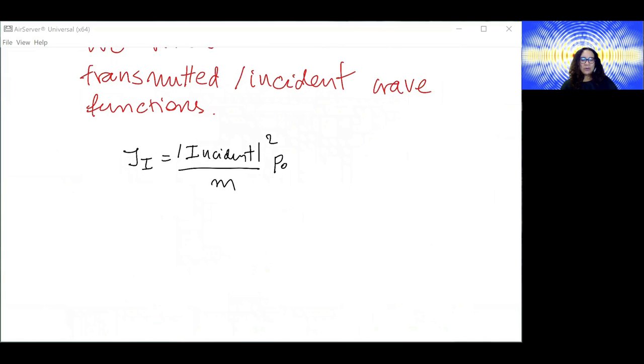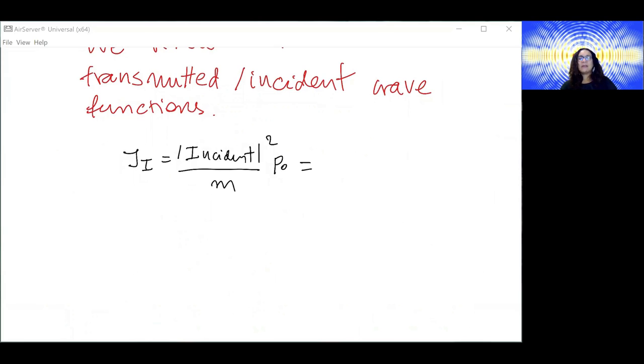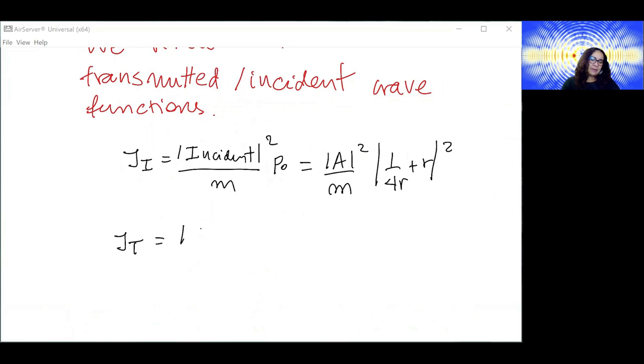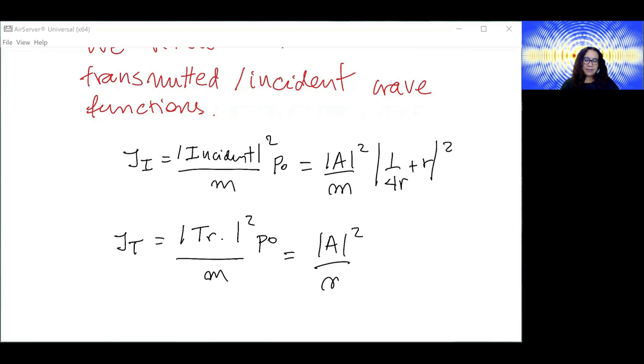So if you get all those coefficients, then you're going to find that this is going to give you A squared divided by m, (1 + R) squared, and J transmitted, you pretty much do the same. So J transmitted is going to be transmission coefficient square p naught divided by m. So this is going to give you A squared divided by m.